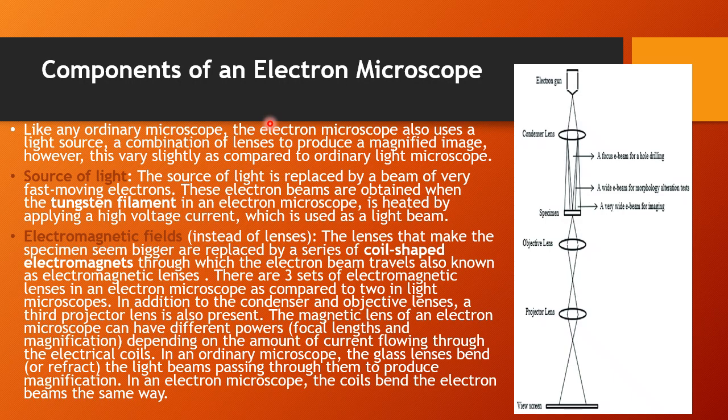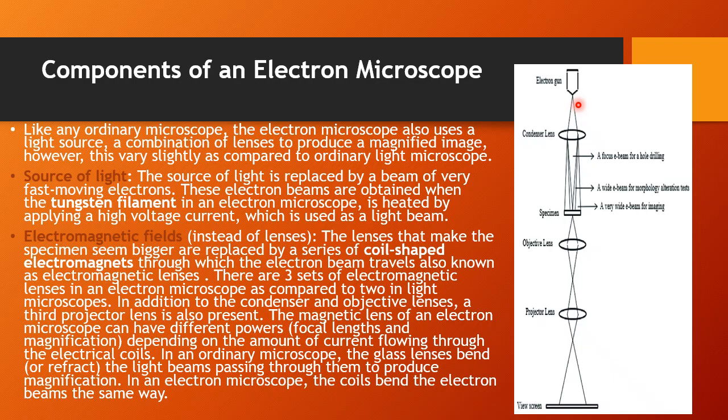As you can see in the picture here, this is a ray diagram of the electron microscope, and these are the following components. First is the source of light. The source of light here is the electron gun.